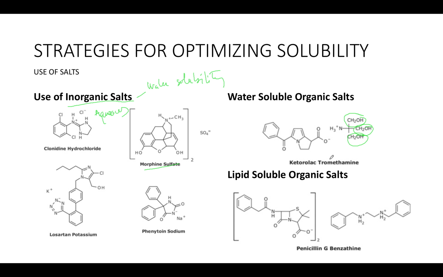If the organic salt, as we saw before with penicillin benzathine, has bulkier functional groups that are more hydrophobic, you are going to end up with lipid-soluble organic salts. The advantage of this is, as we mentioned before, you can administer this as an IM depot, where you have a slower release of the drug and you increase the half-life of the drug by reducing the elimination.